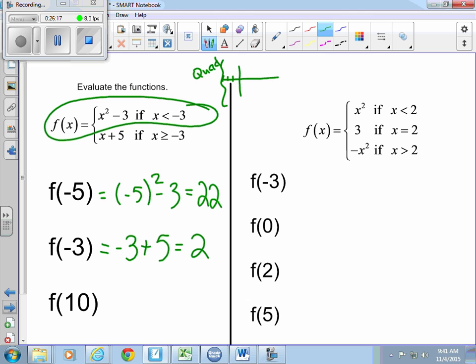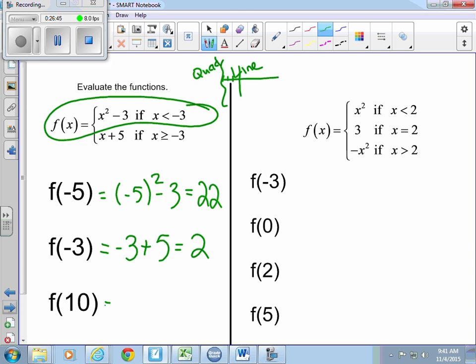To the right of -3, I would get the line. Well, here is -5. To the left, so it goes in that. And where is -3? Well, it's right on the line. It's that one. And then where is 10? To the right, so it goes in the line. Did that picture help?